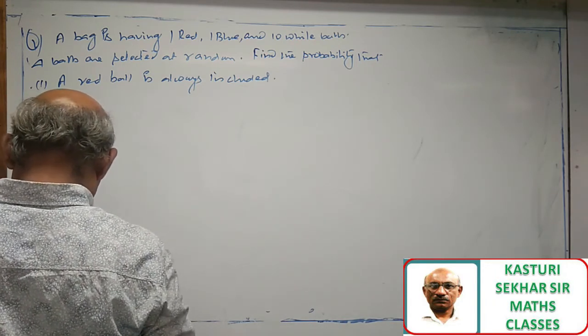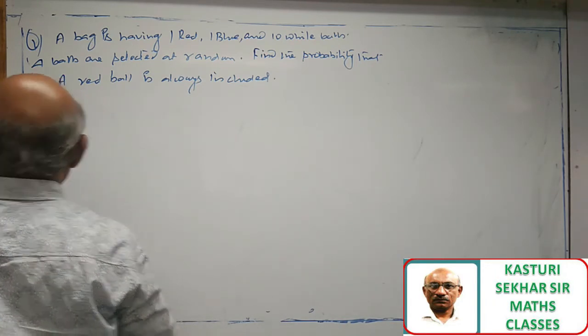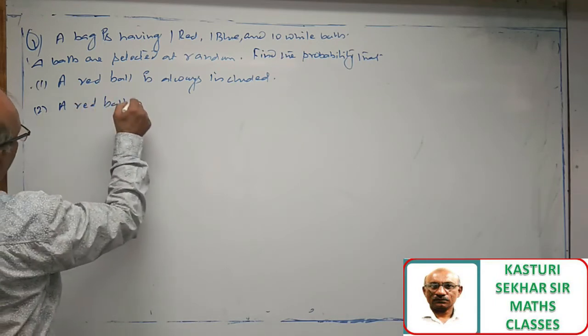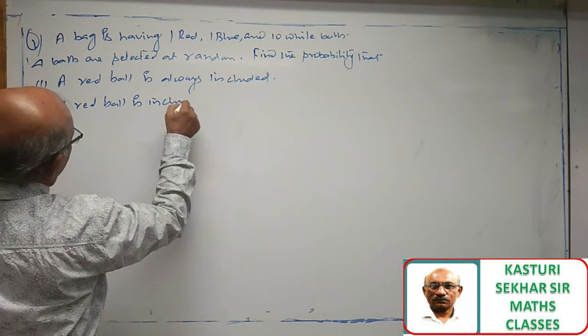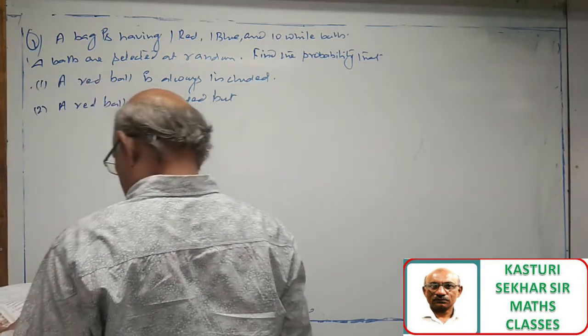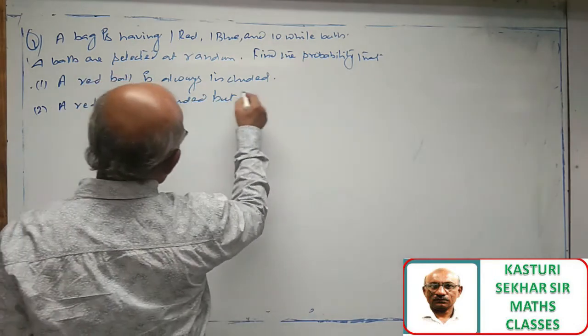Question number 2: a red ball is included, but a blue ball is excluded.